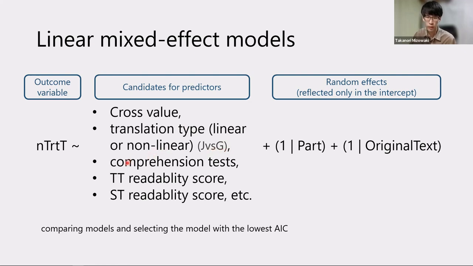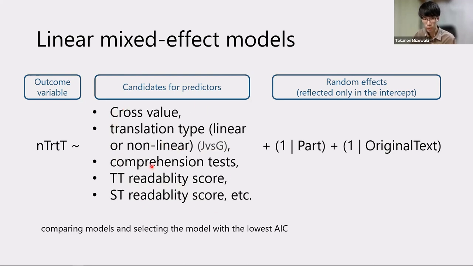And also the results of the comprehension test. And we also included other candidate variables like a Japanese readability score or the Flesch-Kincaid grade of the source text and so on as candidates for combinations of predictors.